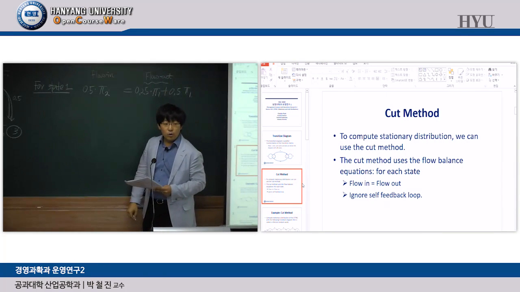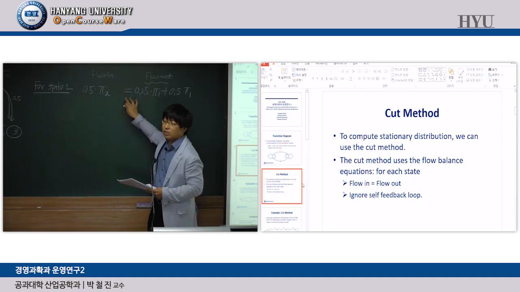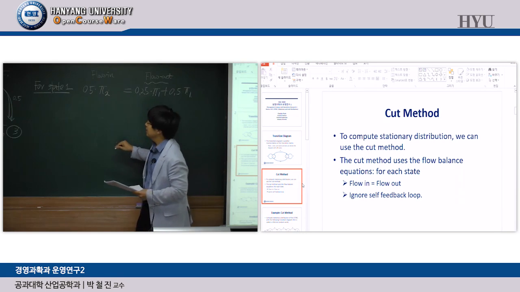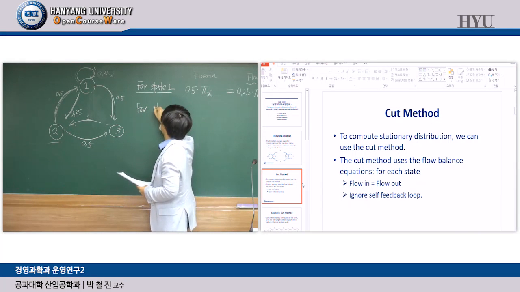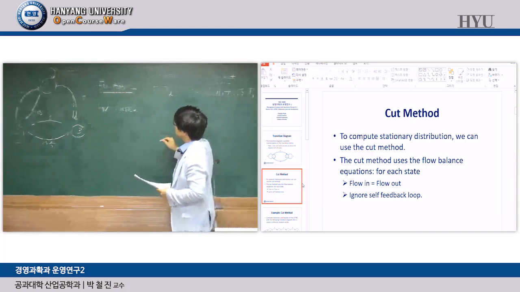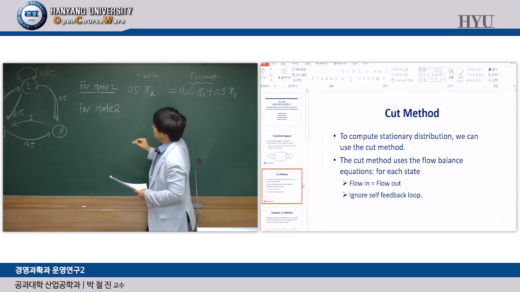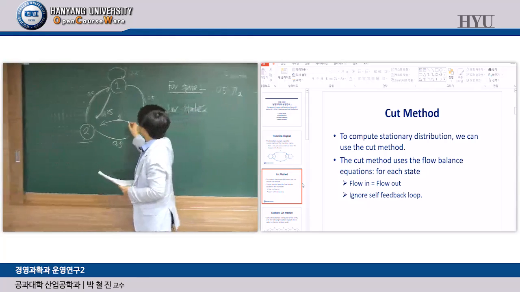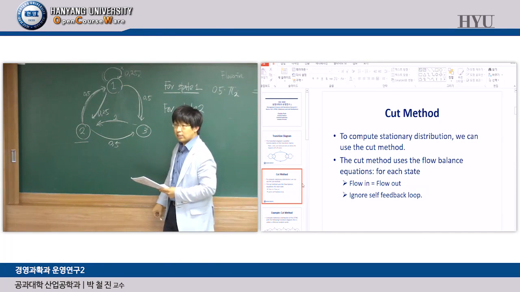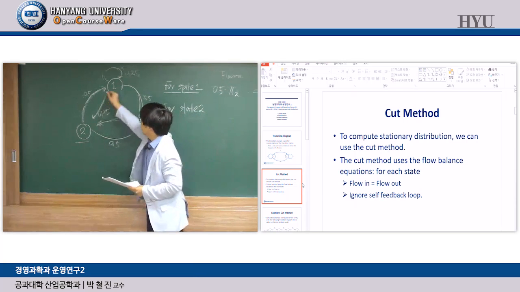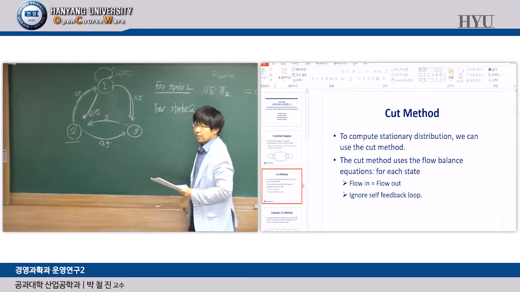Okay? We can construct such an equation for each state. Okay? For state 2, the flow in arcs corresponding to the flow in into state 2 are this and this, right?